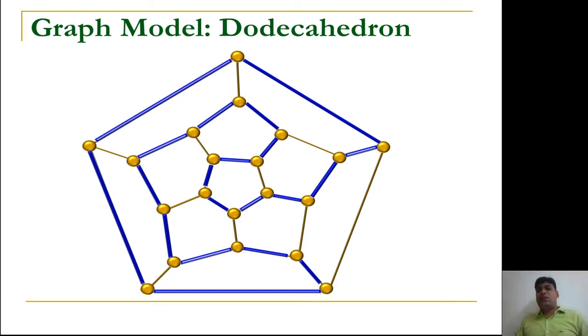So this is the Hamiltonian circuit for the dodecahedron. The conclusion is that the person who wanted to travel 20 cities without repeating any city and coming back to the same city can obviously make that journey by means of this Hamiltonian circuit.